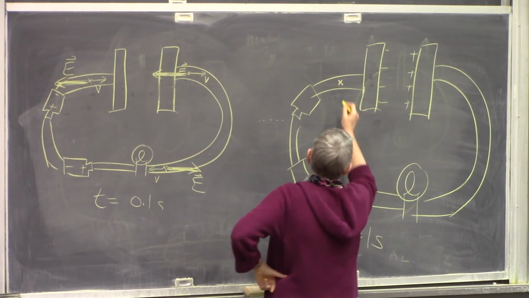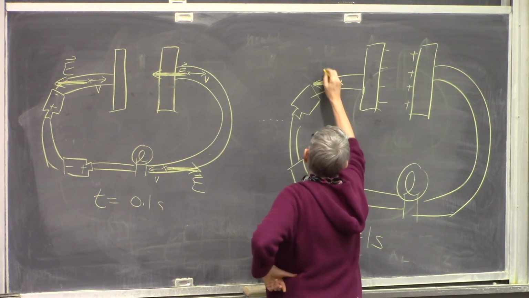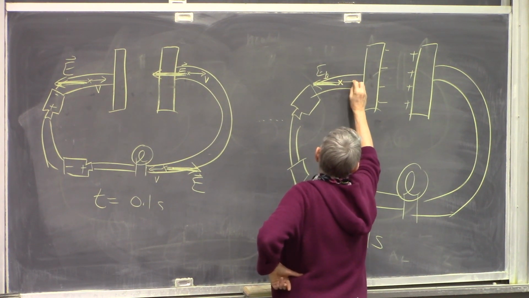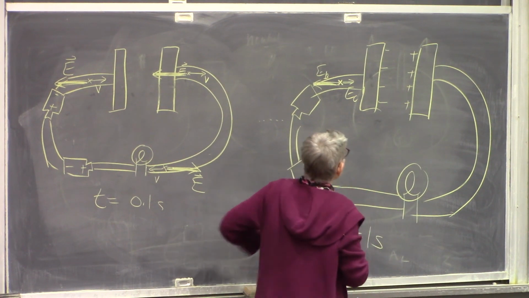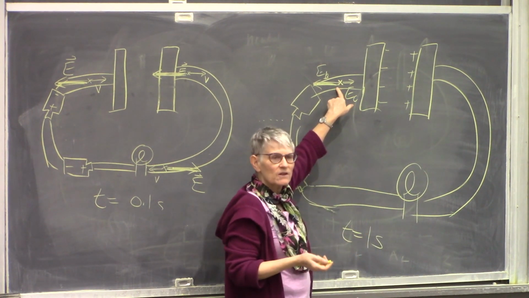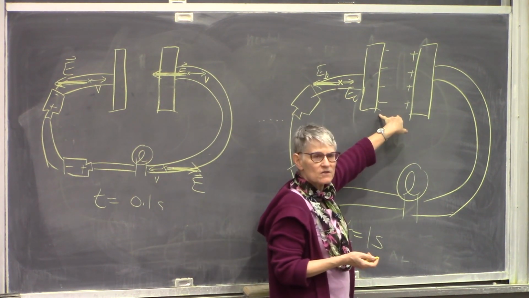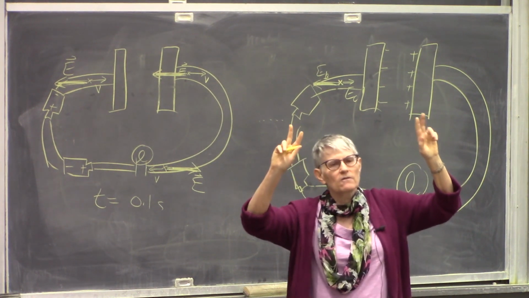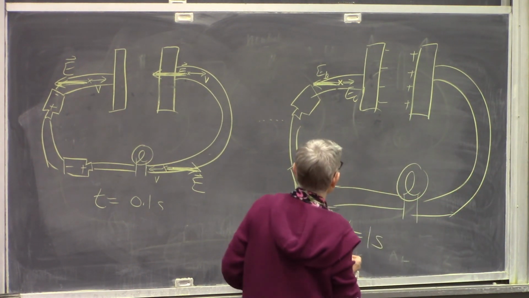And so we have an electric field here due to the batteries and the surface charge, but we have an electric field here due to the capacitor, and so the net field here got smaller. As the capacitor charges, the field outside the capacitor, which is technically called the fringe field of a capacitor, is increasing.